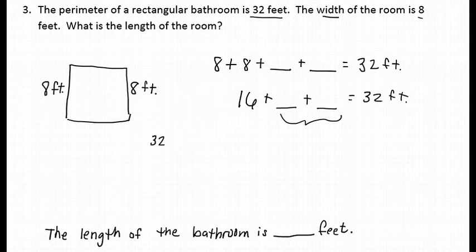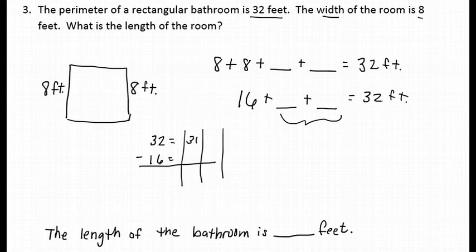So if I take 32 and subtract 16, I'm going to do that using expanded form. So we have 30 and 2 minus 10 and 6. I'm going to take a 10 from my 30, which leaves 20. Combine that with the ones that were already there, that's 12. 12 minus 6 is 6. 20 minus 10 is 10.